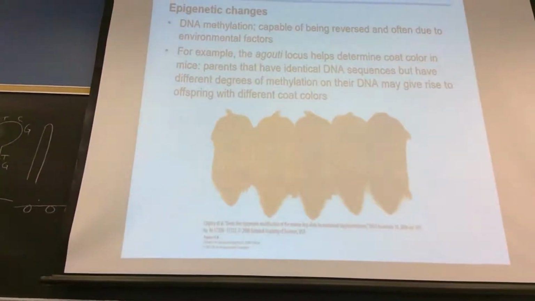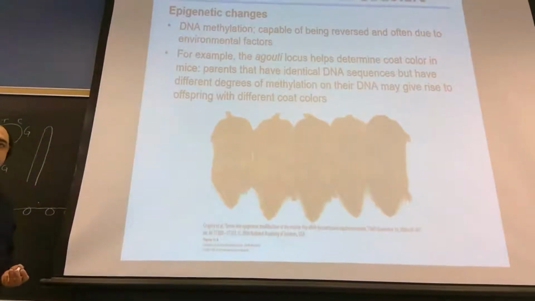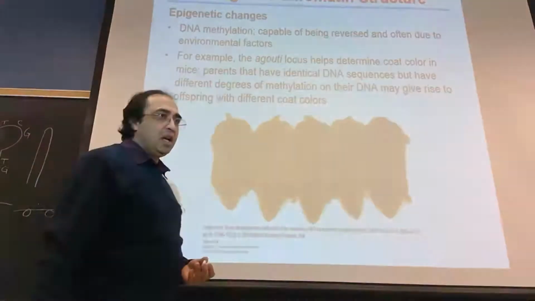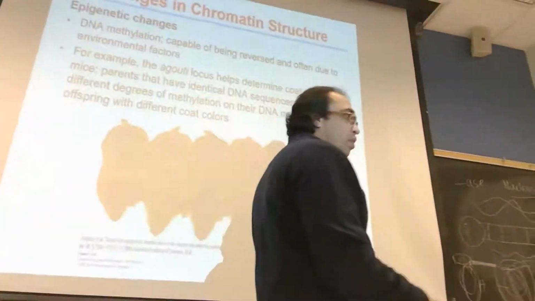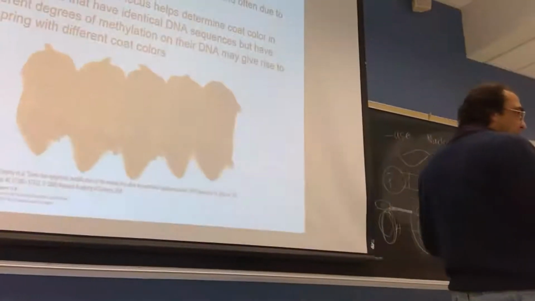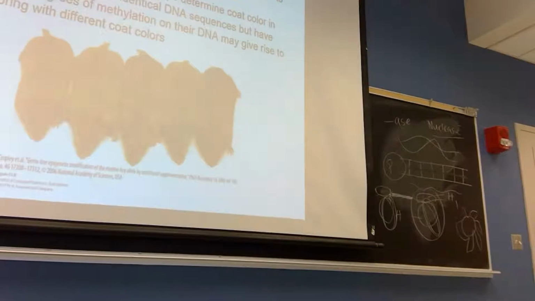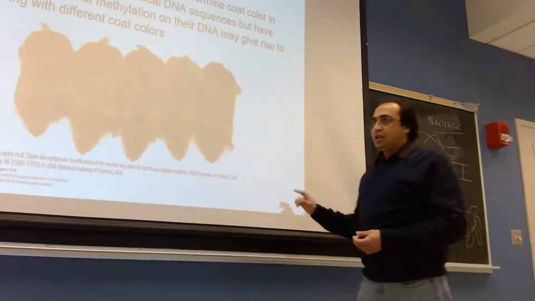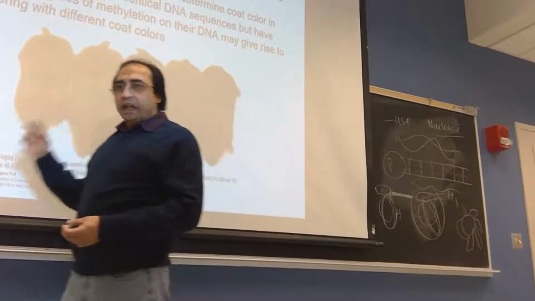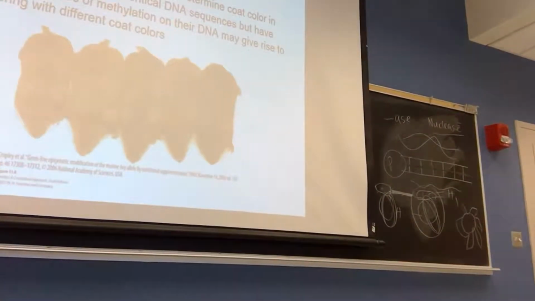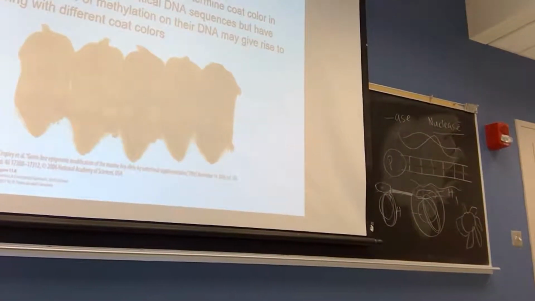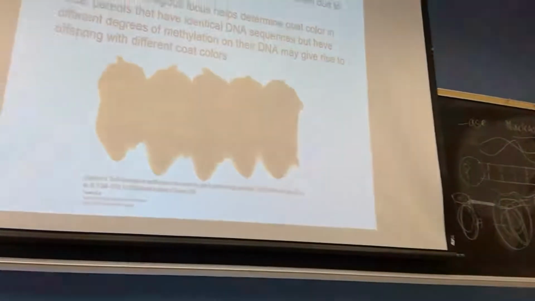So methylation is not such that each and every DNA gets the same kind of methylation. One DNA can get more, another cannot get that much methylation, because it is an extra addition of a methyl group onto the cytosine. So if in the germ cell they got more or less methylation, based on that they can produce different kinds of phenotypes.